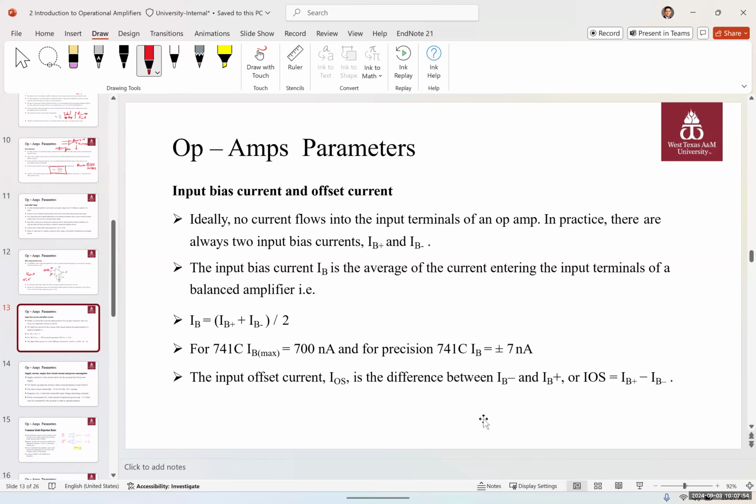The other parameter that we have is called the input bias current and offset current. As I mentioned, in an ideal op amp, the input resistance is infinite, and the input current should be close to 0.